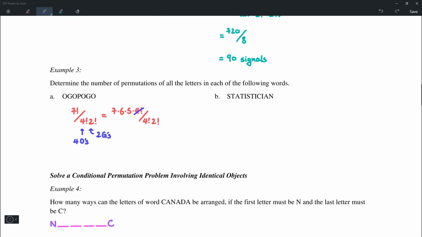And then from there they can be eliminated. So really we just have 7 times 6 times 5 all over 2. And we'll get 105 permutations.